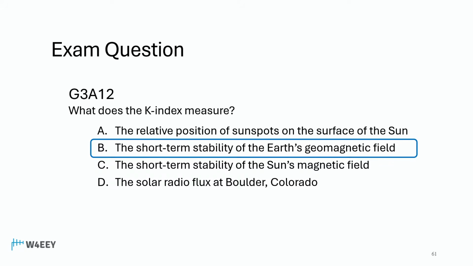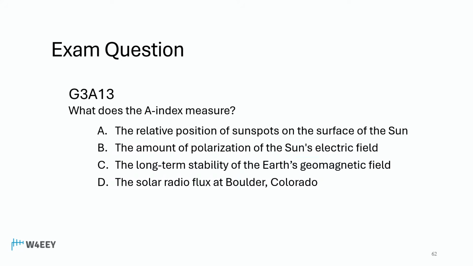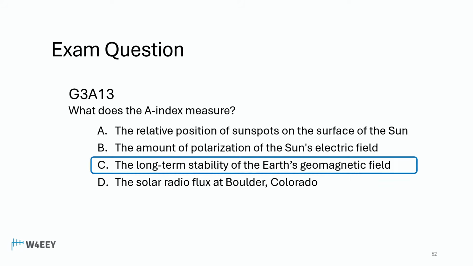Bravo, yeah, K is the short-term stability of the Earth's geomagnetic field. And as I like to say, it's what's happening right now. What does the A index measure? Charlie, that's the long-term stability of the Earth's geomagnetic field. The A index actually takes 8 of the K indexes and averages them for 24 hours.